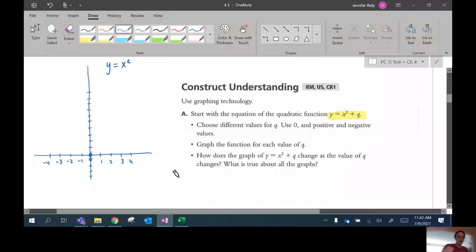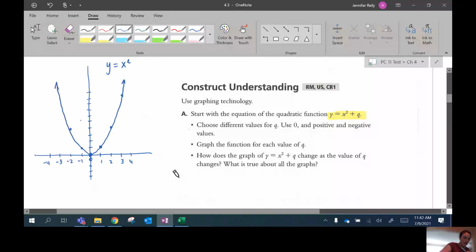It has the vertex right at the origin at (0, 0), and then it goes 1 up, 1 over, because 1 squared is 1, and then 2 squared is 4. So it'll be (2, 4), and 3 squared is 9. It'll have this parabolic shape, and then it'll be symmetric on the side. So negative 2 squared is 4, negative 3 squared is 9.